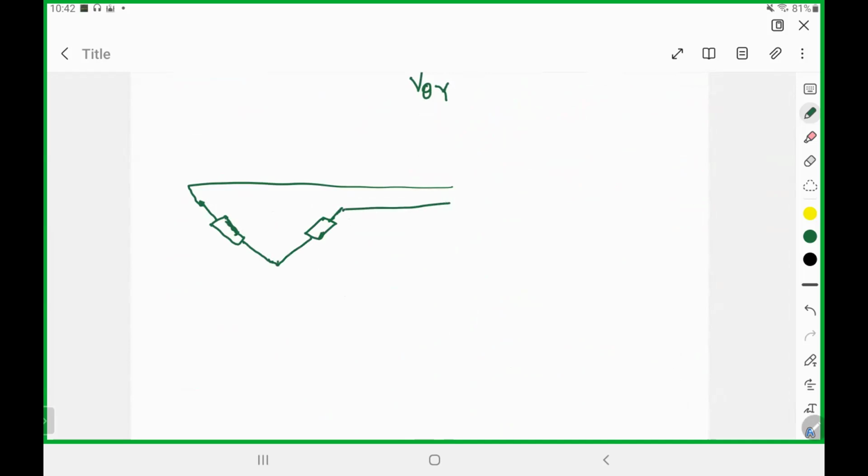So we have this line, and then we can have this line. So we want to find out between R, Y, and B. This is very small space, but we can write down VRY is this one, right?